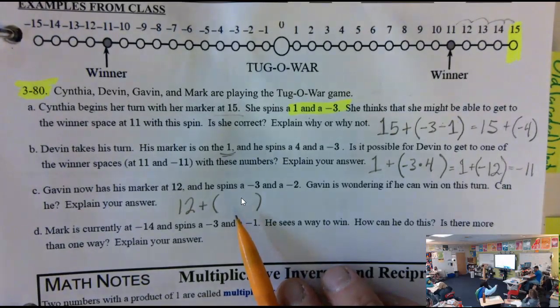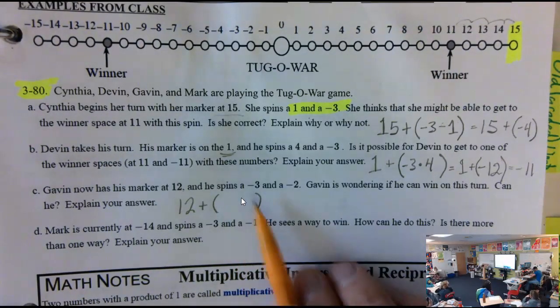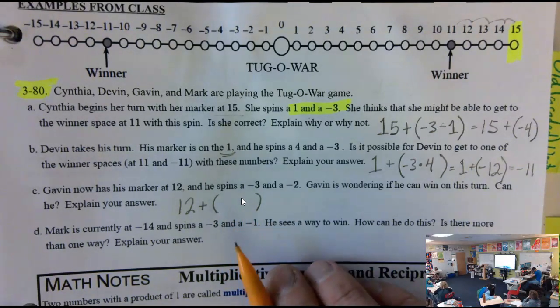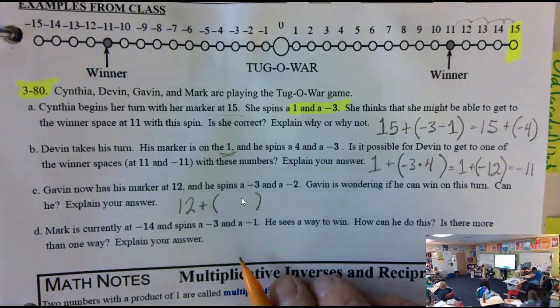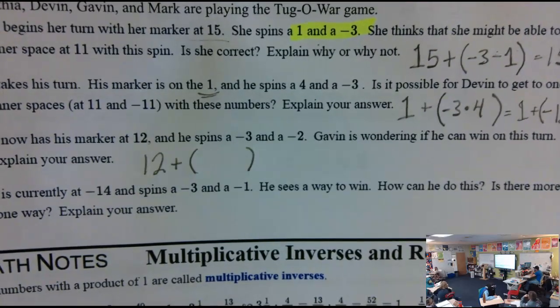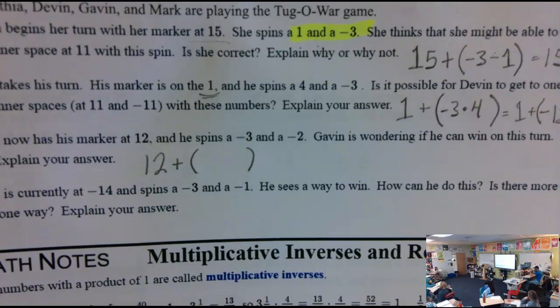So I want this to be negative 1. Ava? Or Sophia? Well, you just do negative 3. Wait, never mind. No. That won't work. Sorry. Yeah, that was a silly mistake. The other one didn't allow it. Ava?